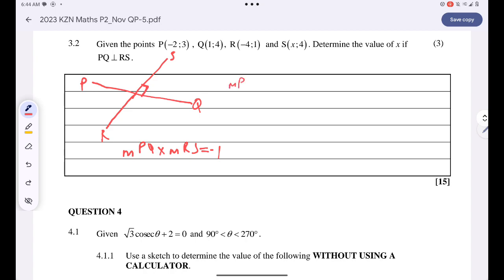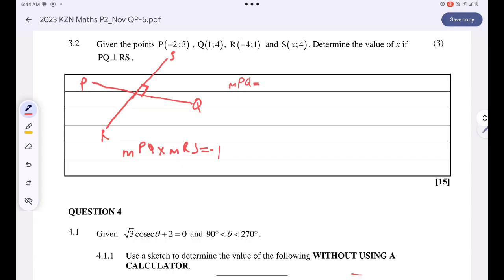The gradient of PQ, excuse me guys, the gradient of PQ, I simply have to say y2 minus y1 over x2 minus x1, right?